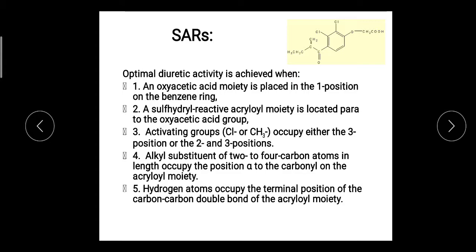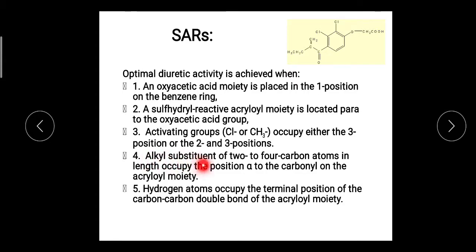Next, an activating group like chlorine or methyl occupies either the 3 position or the 2 position. Here the chlorine groups are present at the second and third positions.